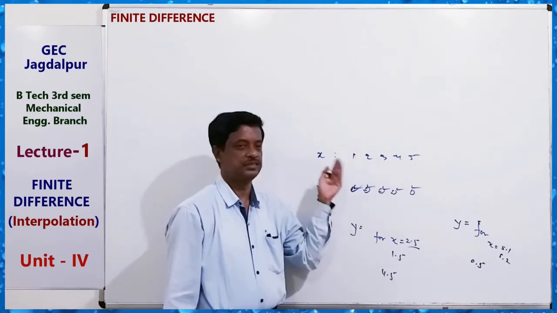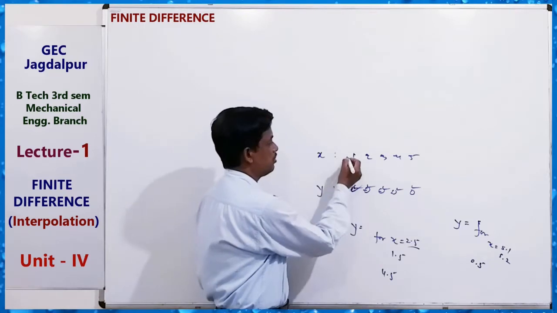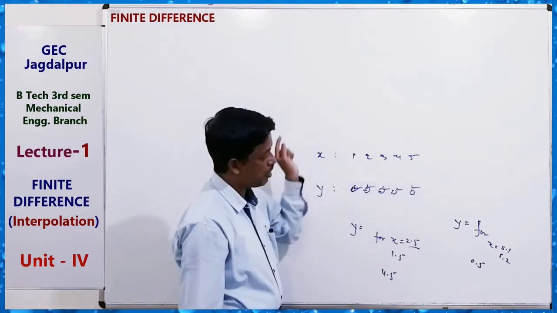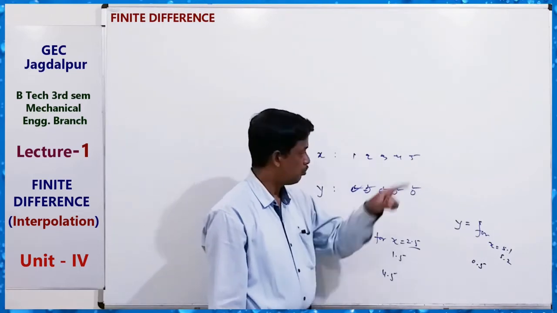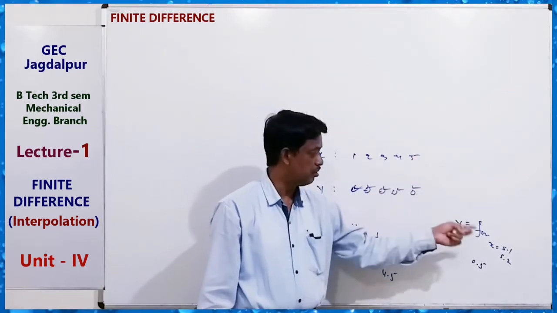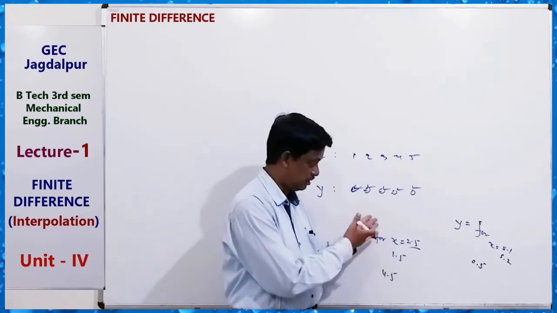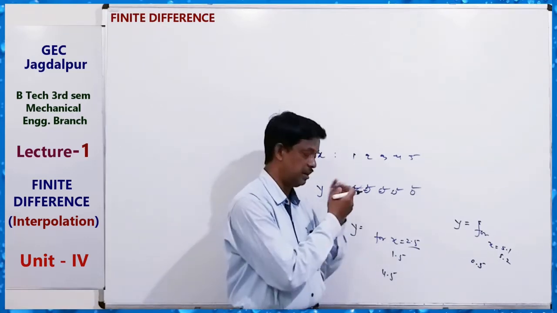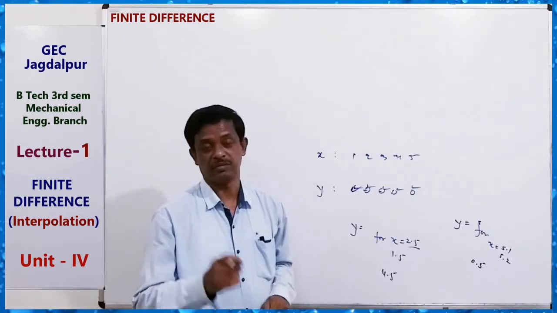Outside this range, since the range starts from 1. So for 0.5, what will be the value of y? For 5.5, what will be the value of y? Finding that type of value for given data is called extrapolation.